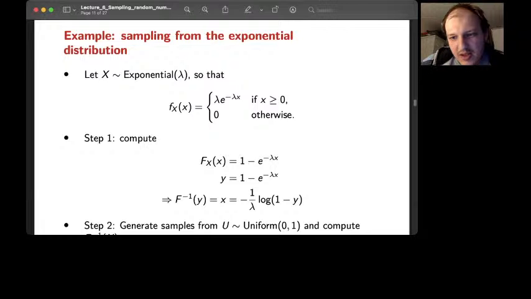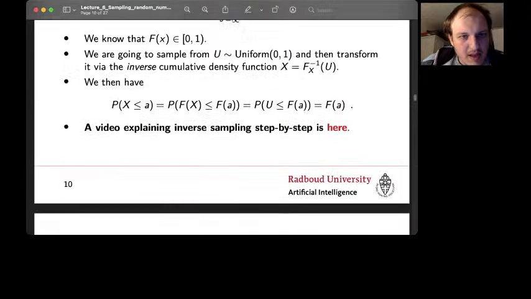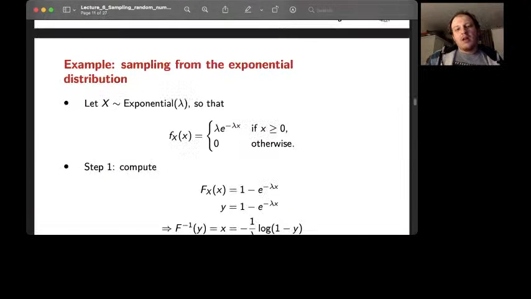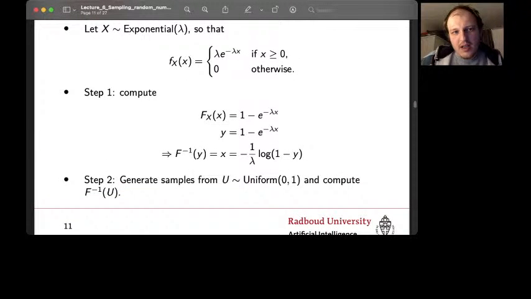Yeah. So that's where this transformation of variables is applied in inverse sampling.